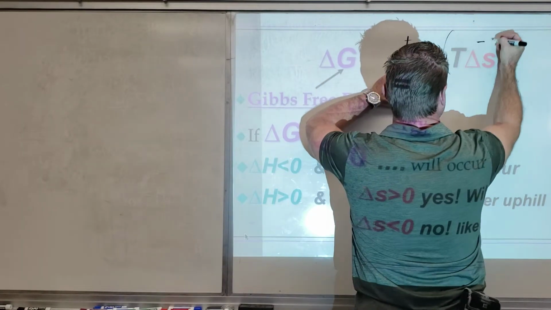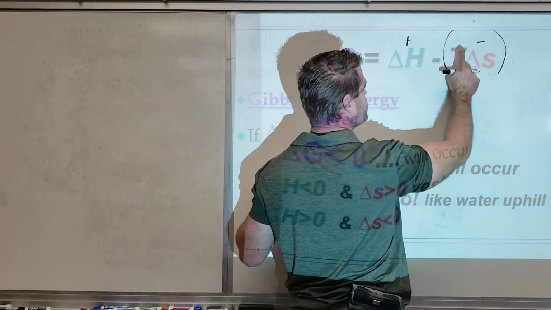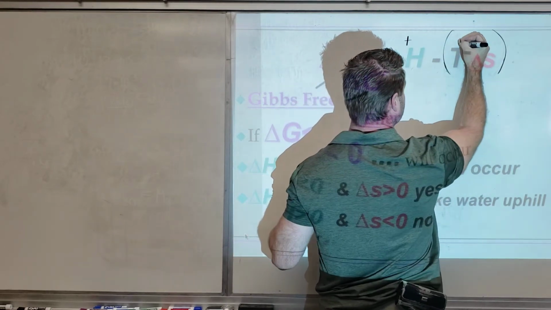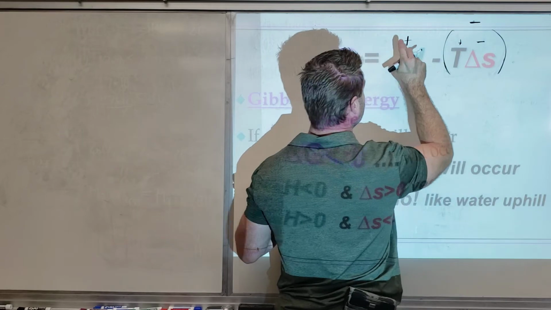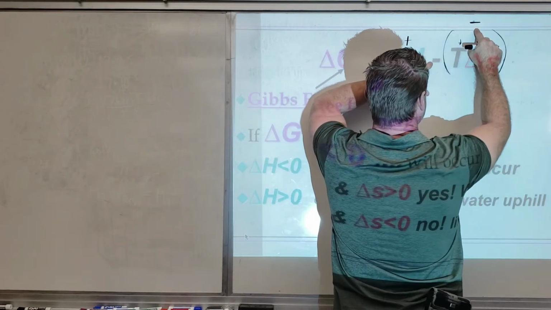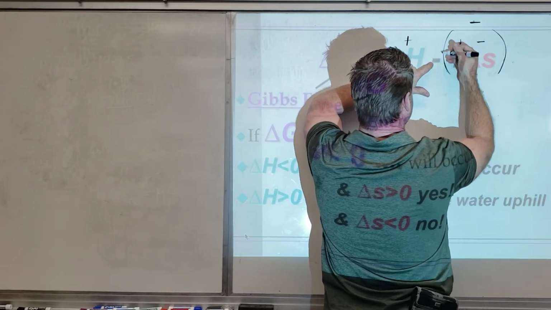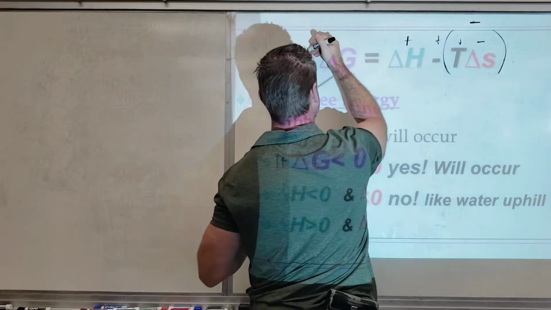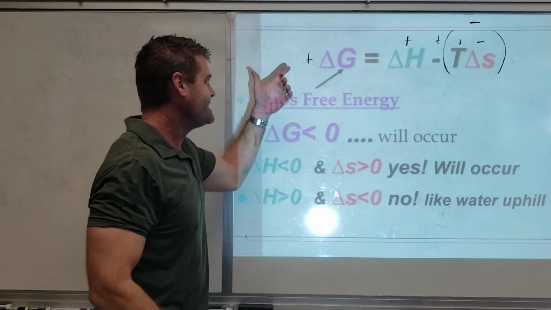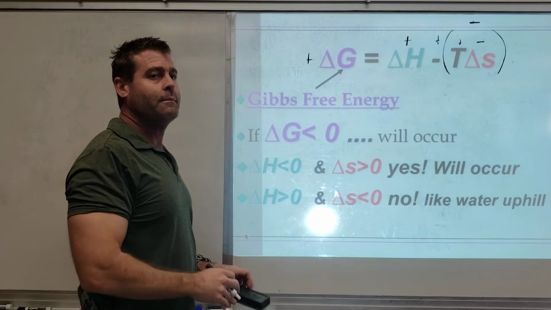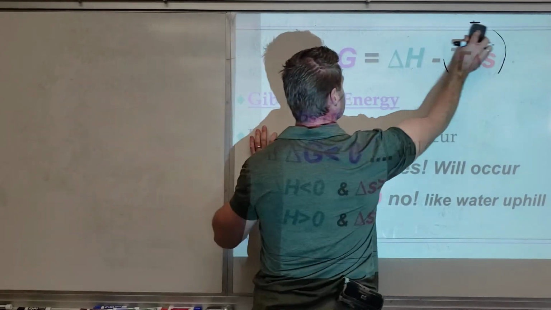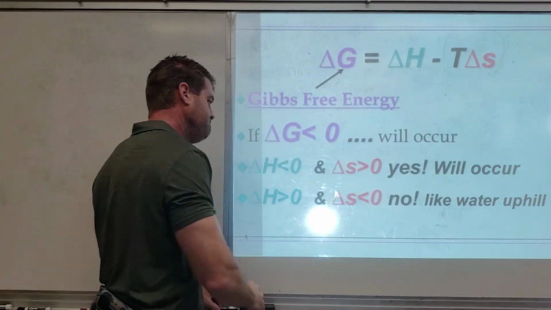Just look at our values. Temperature is always positive. What's a positive number times a negative number? It's a negative number. So you have a positive number minus a negative. When you do minus a negative, won't that just be a positive value? Delta G would be positive, confirming that that process or reaction would never occur.